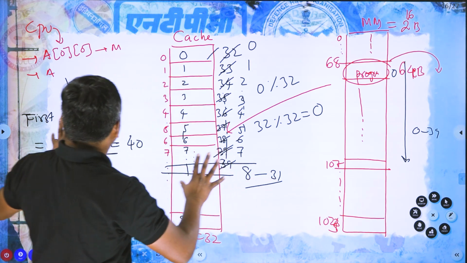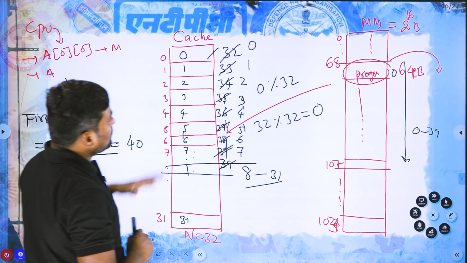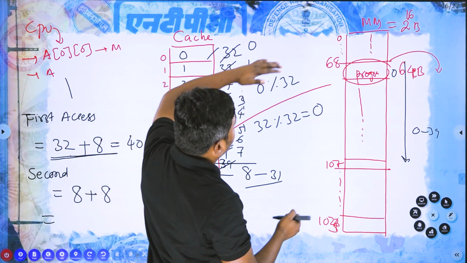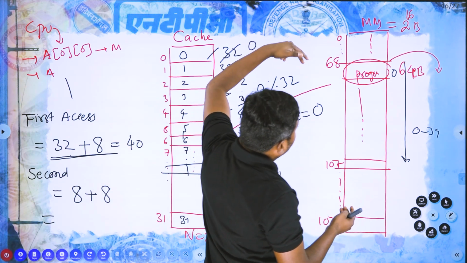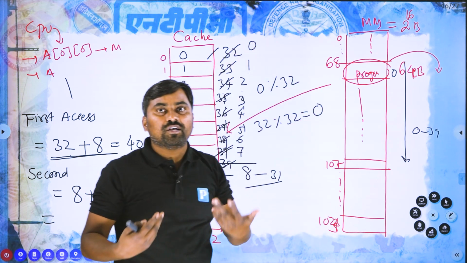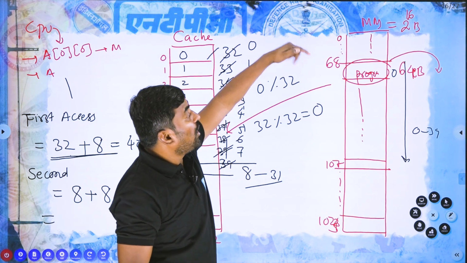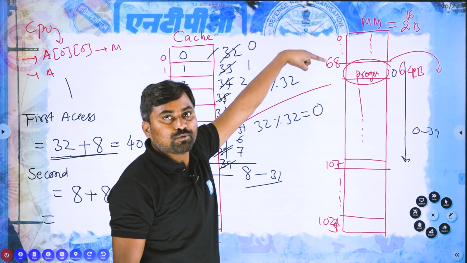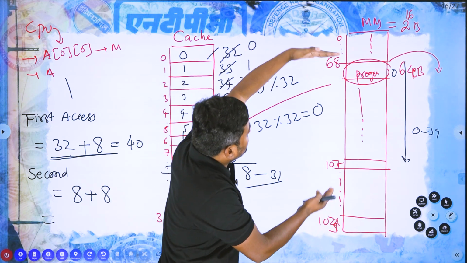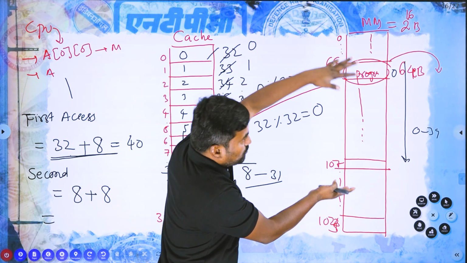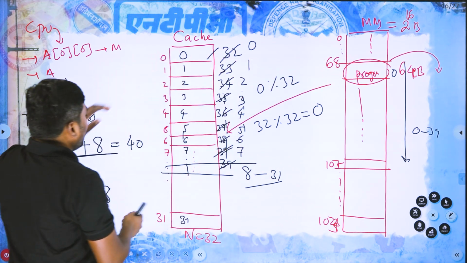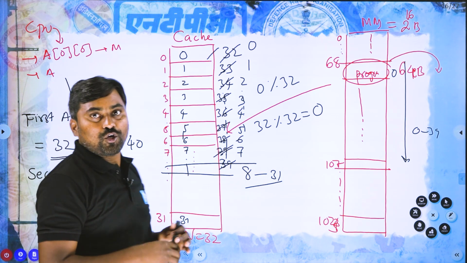So out of this question, what we understand is: by default we assume the program starts from 0 onward, but when a specified address is given, how to convert that address from hexadecimal to decimal, then we understand how much space 68 is allocating in terms of blocks, then how we are mapping. So that we understand with this question. I hope we got it.